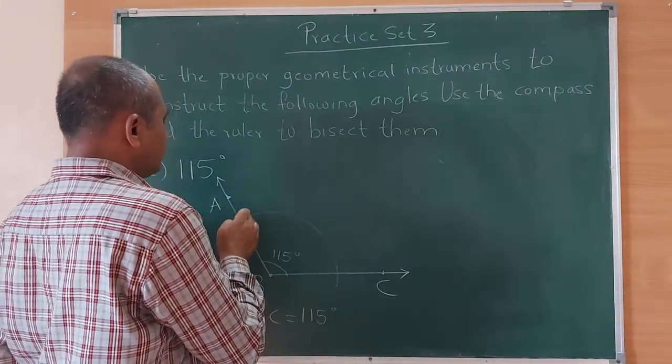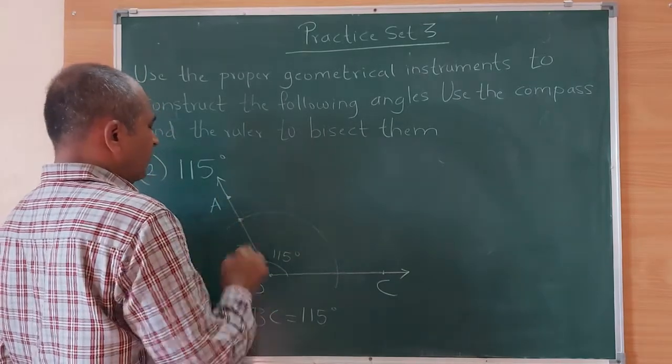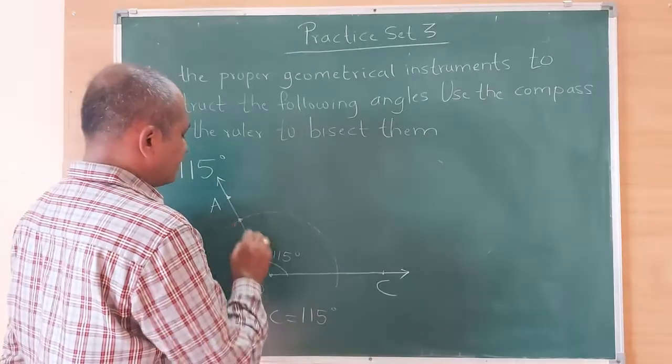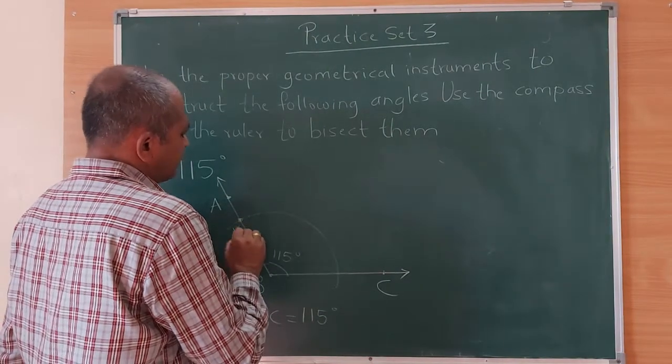You can name them, where this arc cuts arm BA and arm BC. I will name them as X and Y.